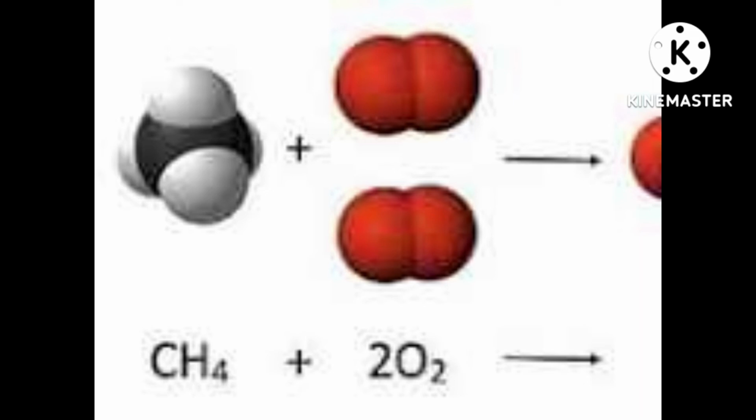Then H2O, how much gram? 1 mole of H2O means 18 gram, H2O being 2 plus 16. Then 2 moles are forming, 18 into 2, so 36 gram water vapor is forming.